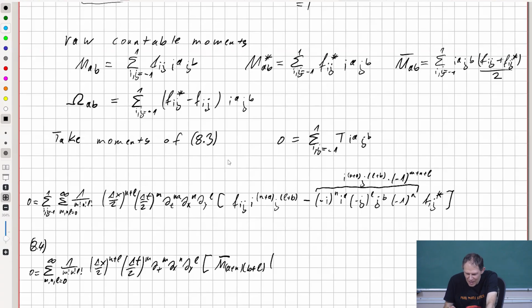Now, the case that we get this here comes with 1 minus 1 to the power of n plus l plus m. Okay, so let us see. There's a 1 here, there's this minus here, and then we have this term here.